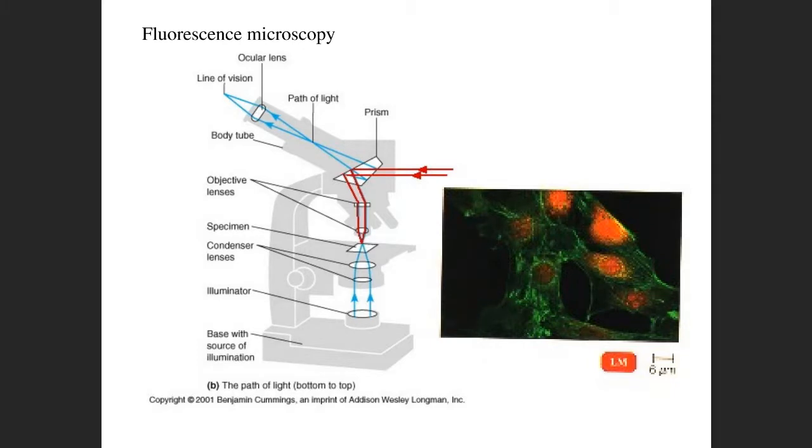And so what you do then is you put a filter in front of it. And so then you can select different wavelengths. So you can select green, blue, whatever filter you put through. And then the light comes through the microscope and shines onto the sample, okay?